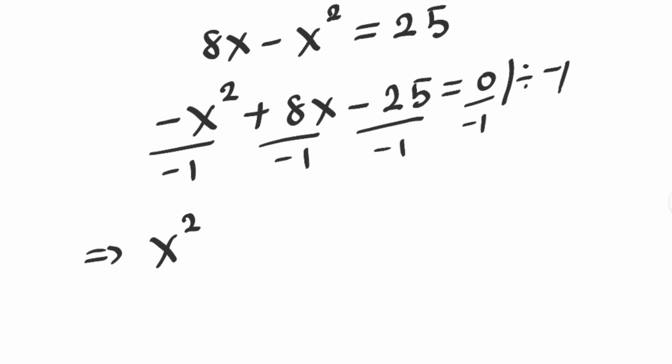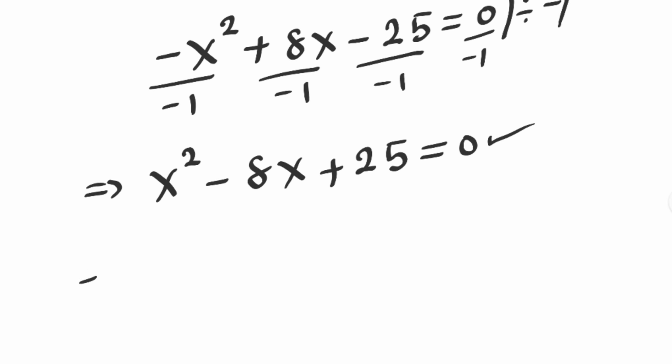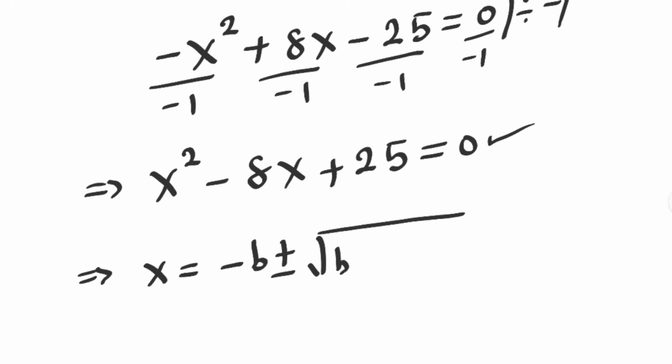x square minus 8x plus 25 is equal to 0. This is a quadratic equation. Let us solve this using quadratic general formula. x is equal to minus b plus or minus square root of b square minus 4ac, divided by 2a.